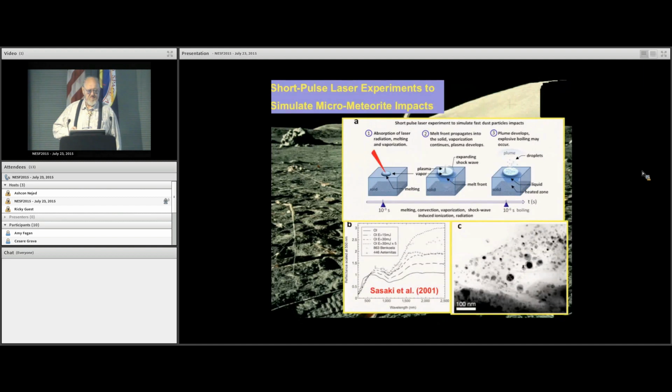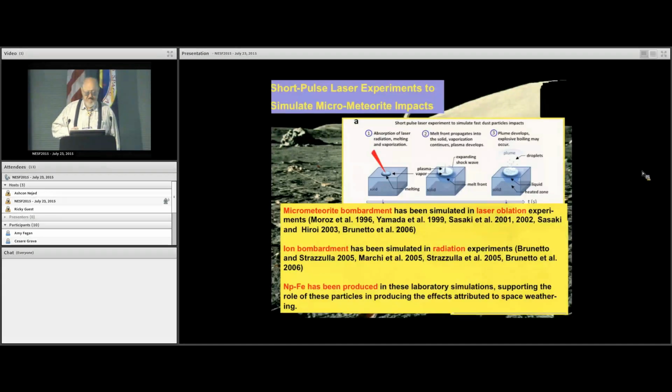Then people have tried to duplicate things by laser impacting, and you notice that they have formed different size particles here. There's a whole serial array. So we've had various situations where they've made micrometeorite bombardments by laser ablation, to duplicate ion bombardment, to duplicate radiation, and they've made native iron by various ways.